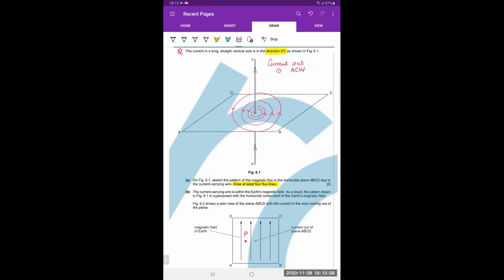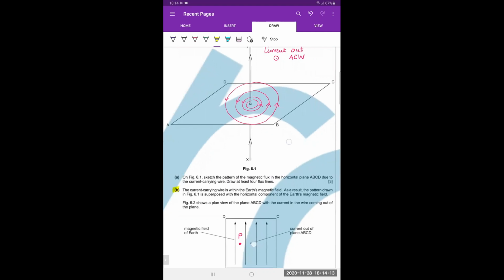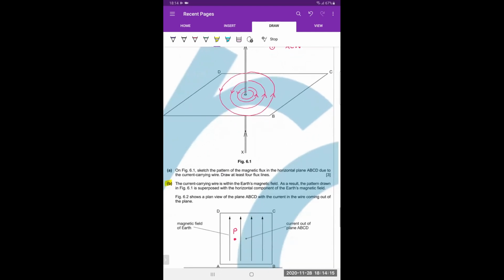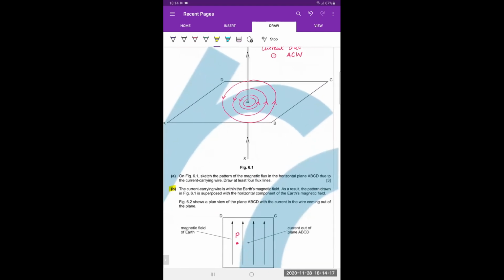Next part ये थोड़ा सा different है. It says, इसको थोड़ा carefully read कर लो B वाले part को. So in part B it says, मैं थोड़ा zoom in कर दूं आपके लिए convenient हो जाए. Okay.